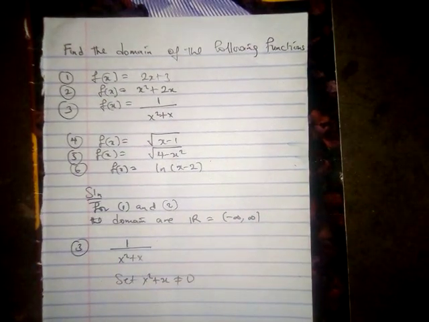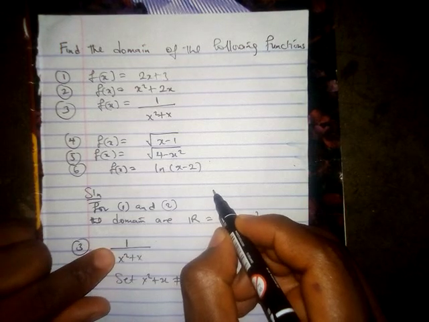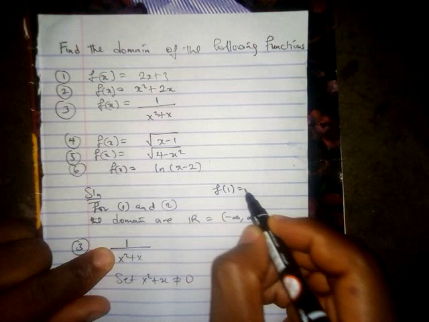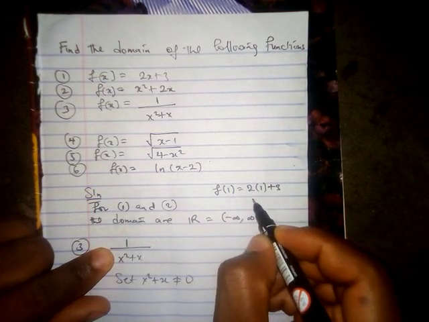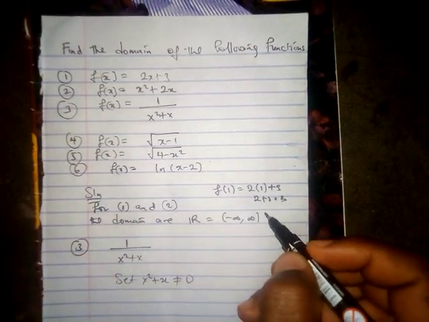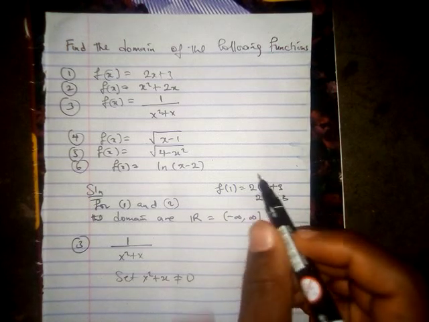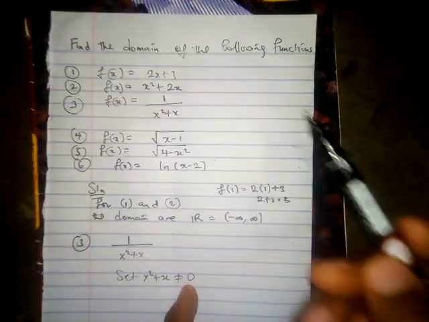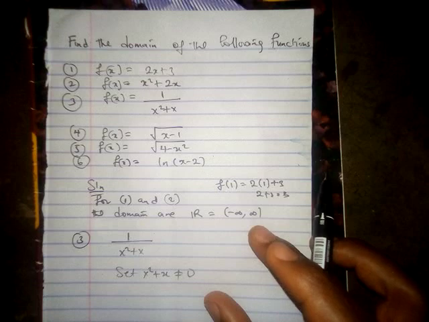If x is 1, f of 1 is equal to 2 times (1 plus 3), so I have 2 plus 3, which is 5. For any value I pick, I always have an output. So the domain of these two is all real numbers. In general, for all polynomial functions, the domain is all real numbers.